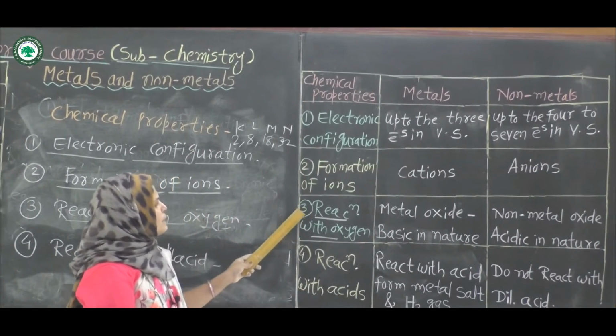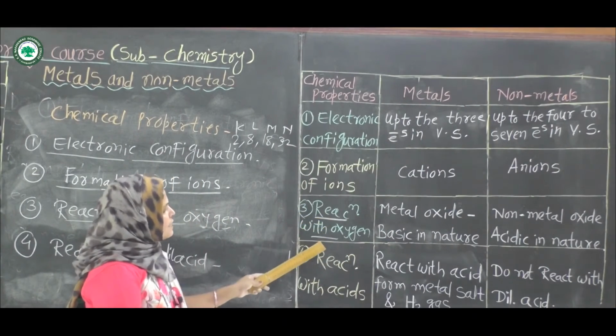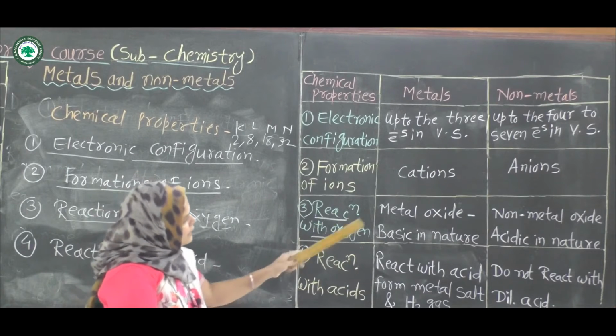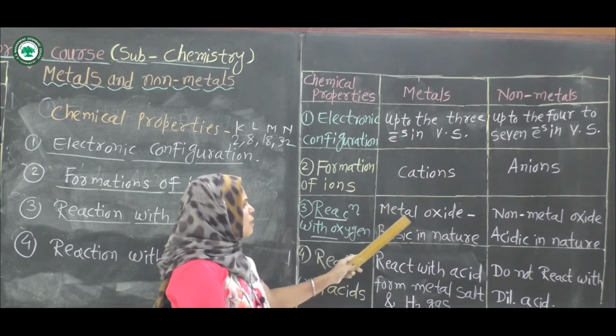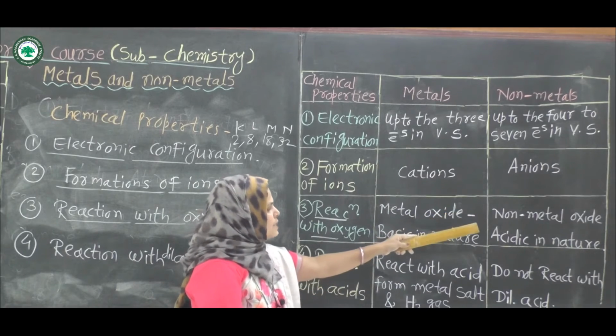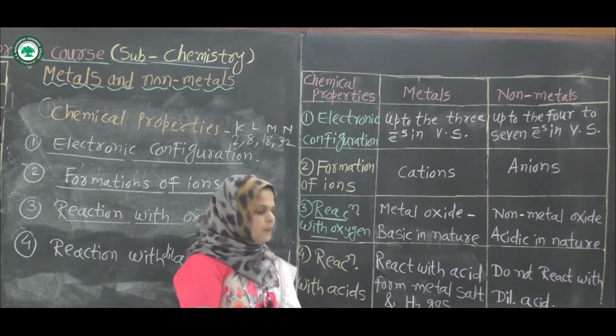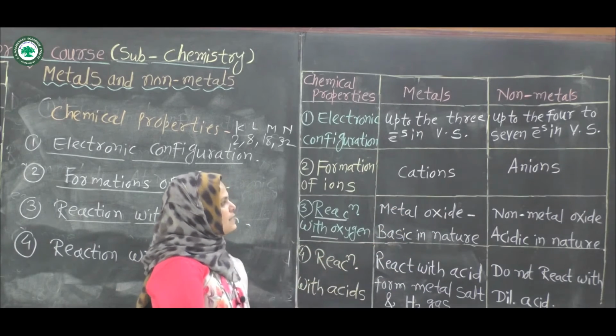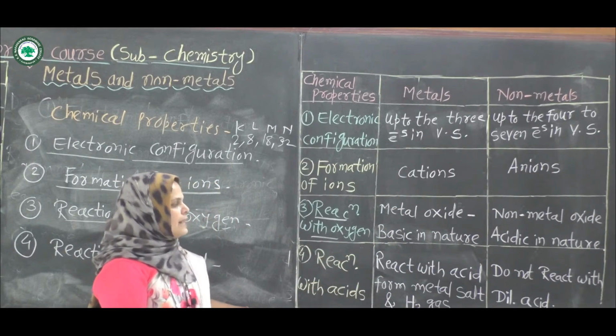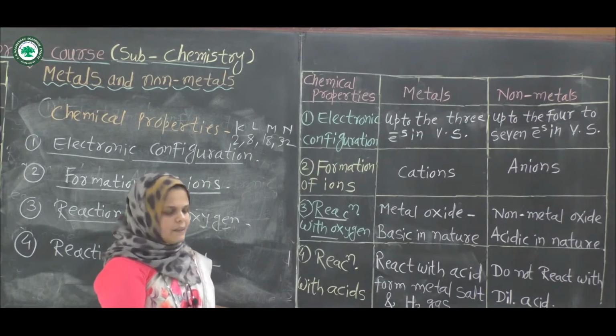Next, third chemical property, reaction with oxygen: metals and non-metals react with oxygen to form metal oxides and non-metal oxides. Metal oxides are basic in nature, and non-metal oxides are acidic in nature.